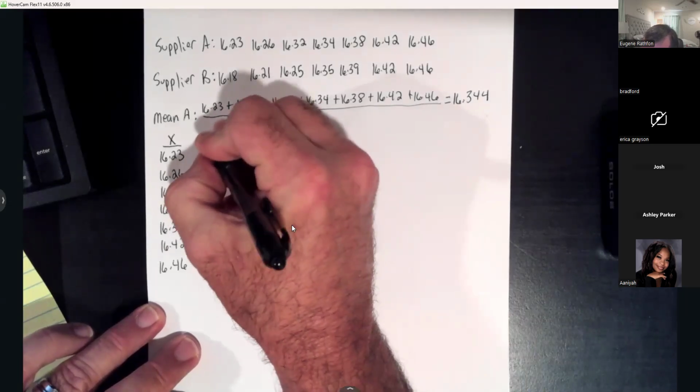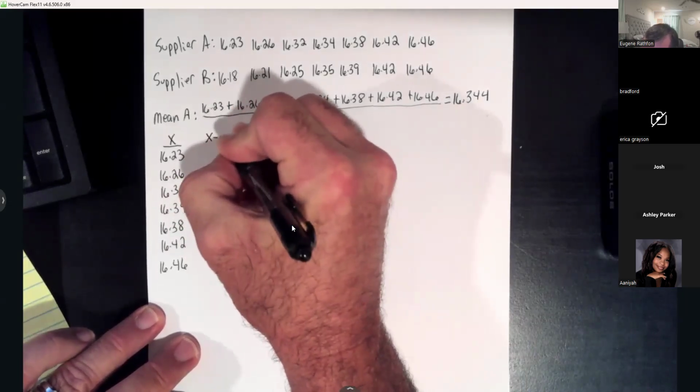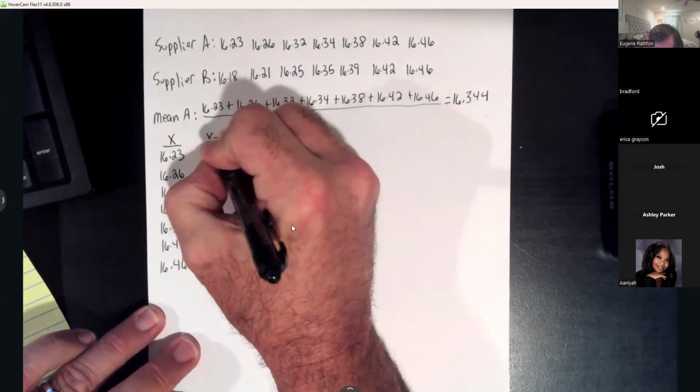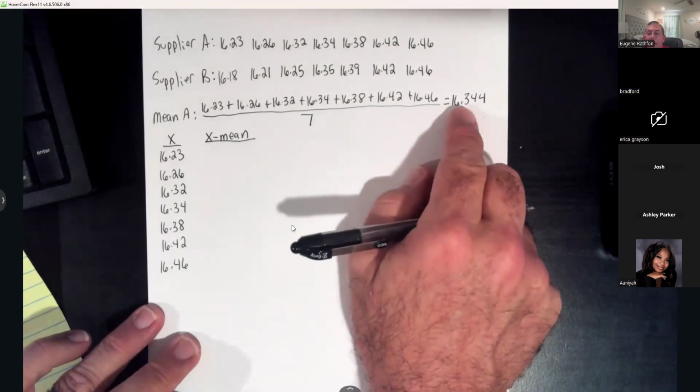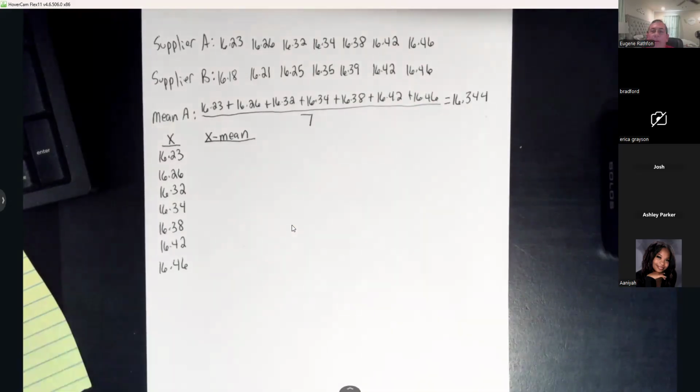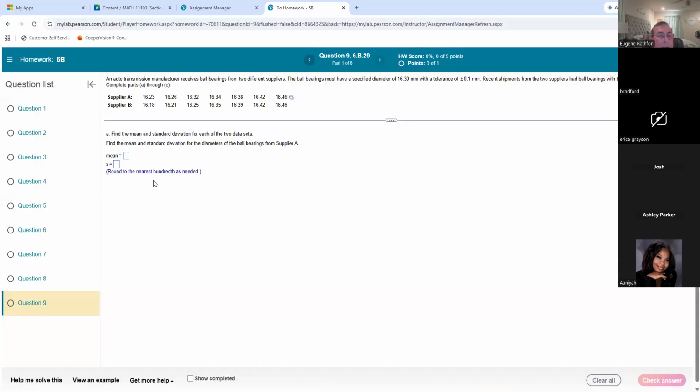So my next column will be my X minus my mean. We'll take each one of these and subtract our mean. And y'all, let me look at MATLAB and see how much they want us to round our mean off. It says in parentheses, round to the nearest hundredth.